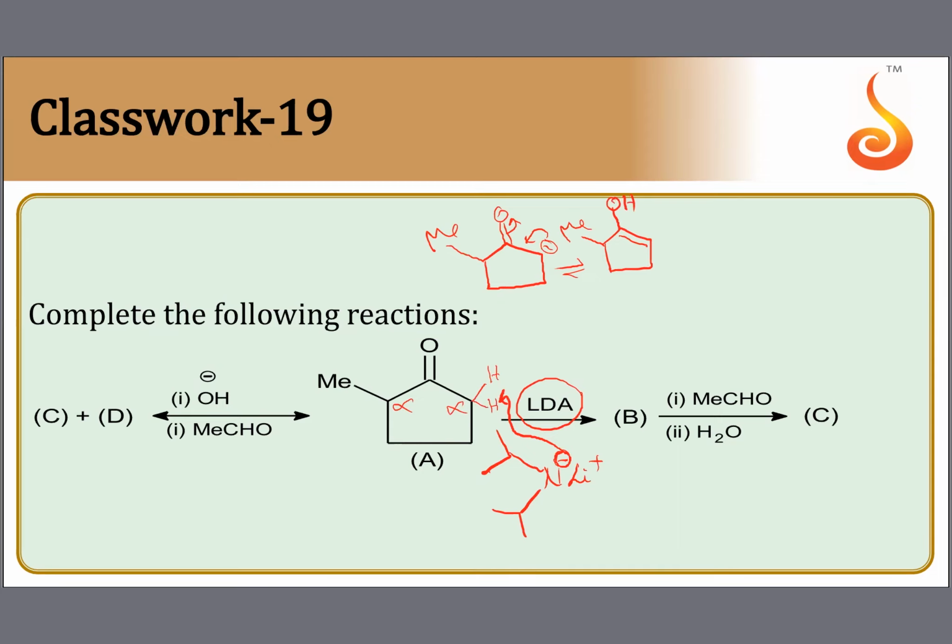In this way, enol is formed. Otherwise, you can keep O minus only, no problem. This is O minus. Then what is the cation present? Li plus. Li plus comes closer. The next step, what happened?